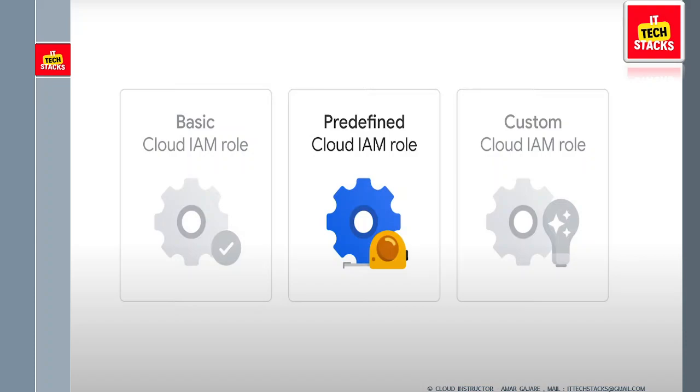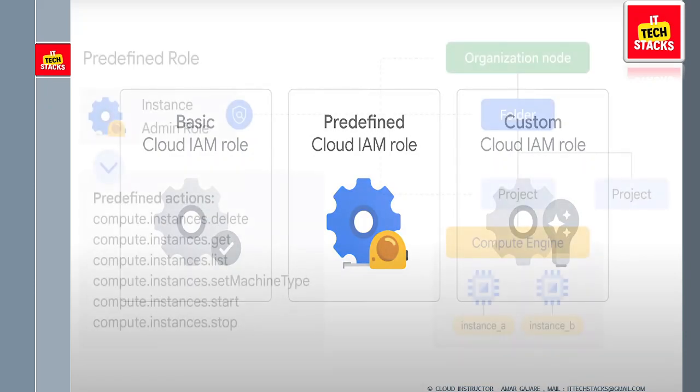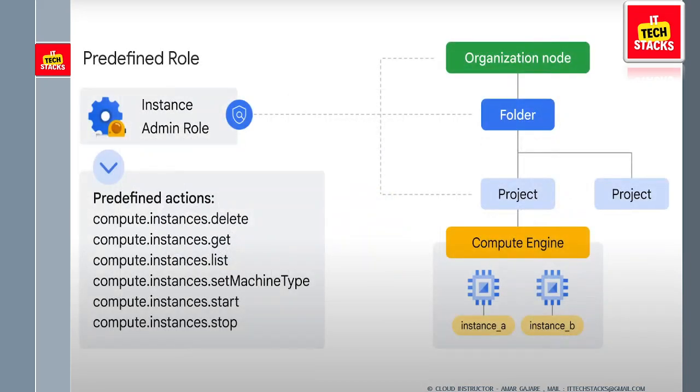Basic IAM roles are the broader category of roles. If you want to give minute level roles, then here comes the predefined. Predefined roles, for example, if you have an admin role in a specific instance, and you want to give specific predefined roles.